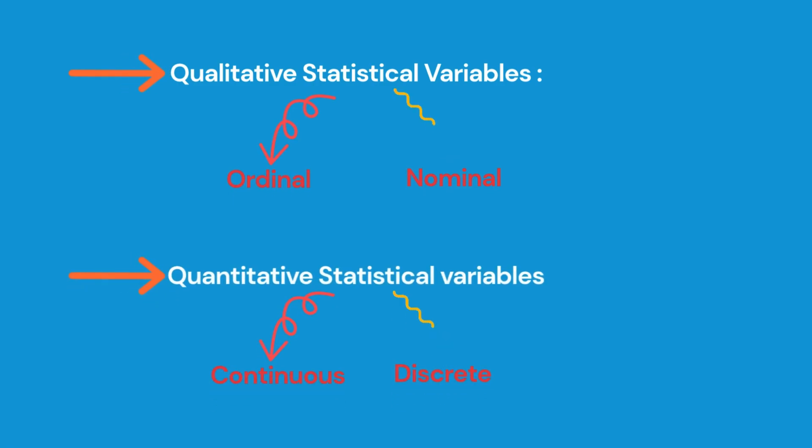So we have covered the 4 types of statistical variables: qualitative variables with 2 types, nominal and ordinal, and quantitative variables with 2 types, discrete and continuous. Understanding this classification helps us choose the right tools to analyze and represent data.